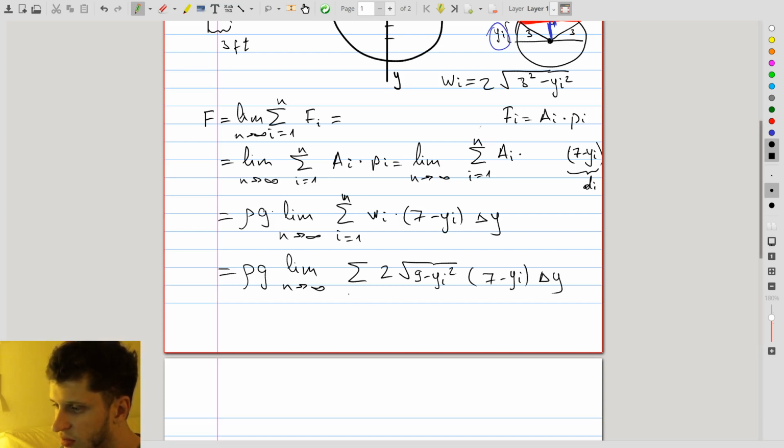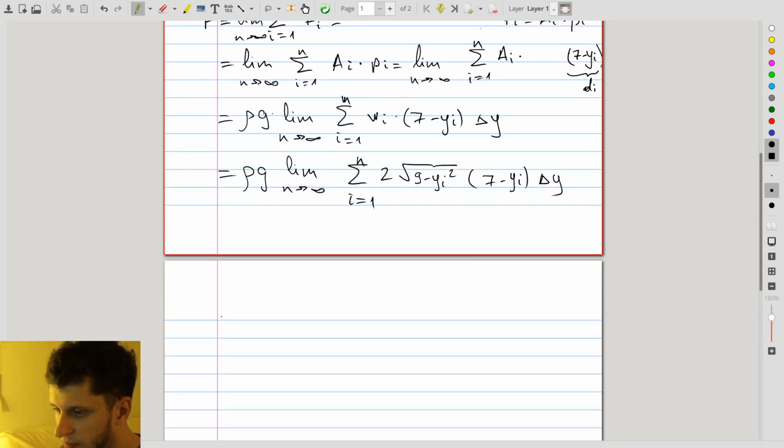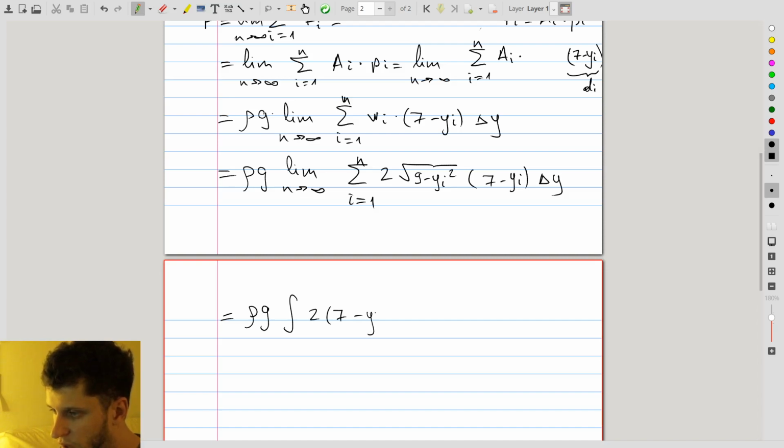So you can see that this is a Riemann sum, an integral sum. When n goes to infinity, I'm integrating 2 times 7 minus y times the square root of 9 minus y squared dy.